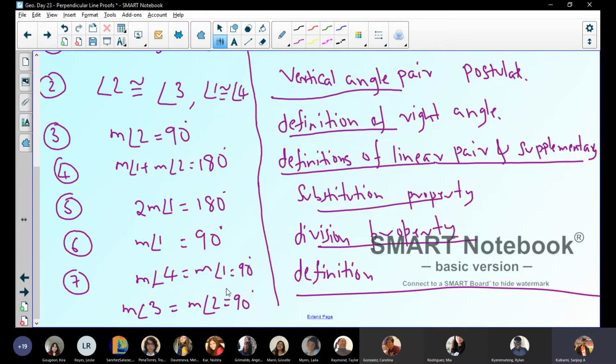But you could have written them in separate steps. First it told definition of angle congruence, and I've just written these two, and then later on you could have written, let's do that way if you're getting confused. Definition of angle congruence.